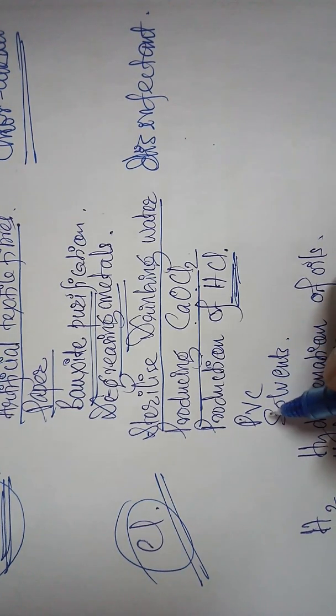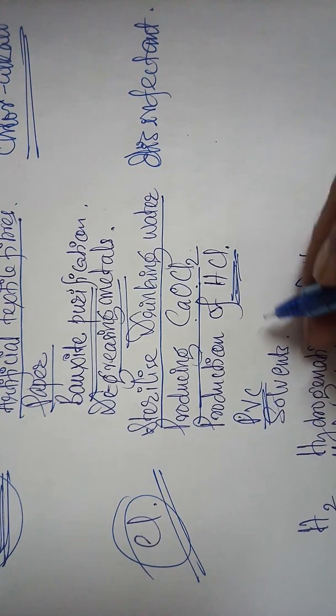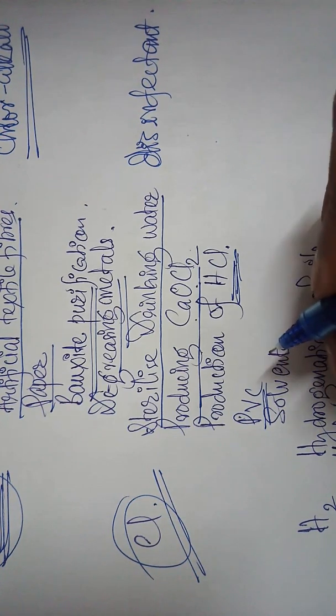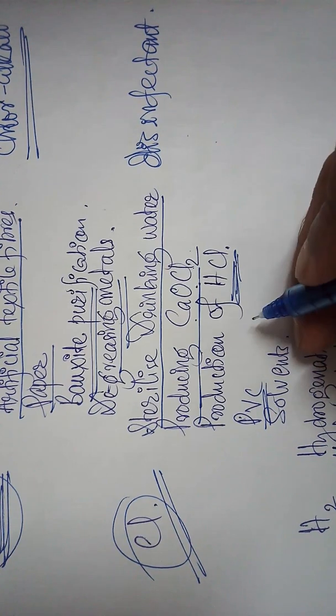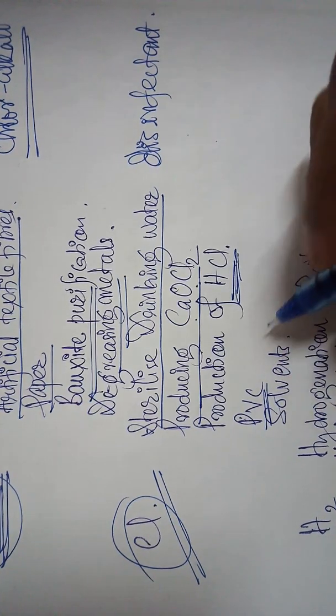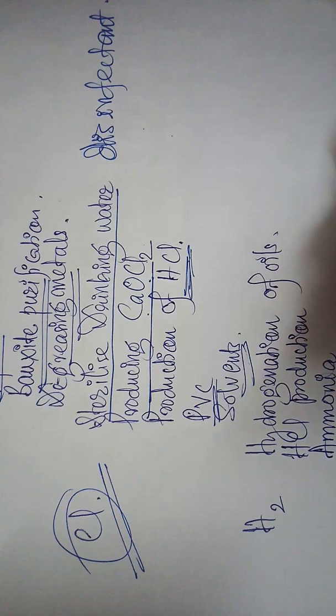It is also used in the production of PVC, polyvinyl chloride, pesticides, chlorofluorocarbons, or CFCs, chloroform, carbon tetrachloride, paints, and dyestuffs. Chlorine is used for making solvents for the dry cleaning process.